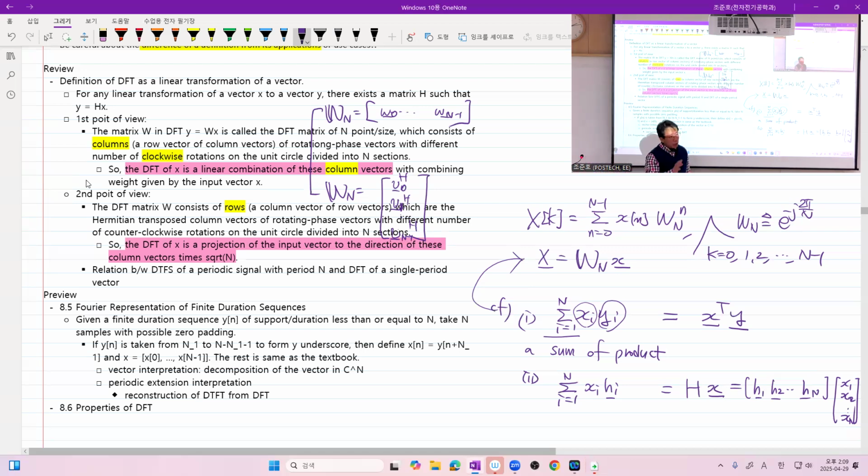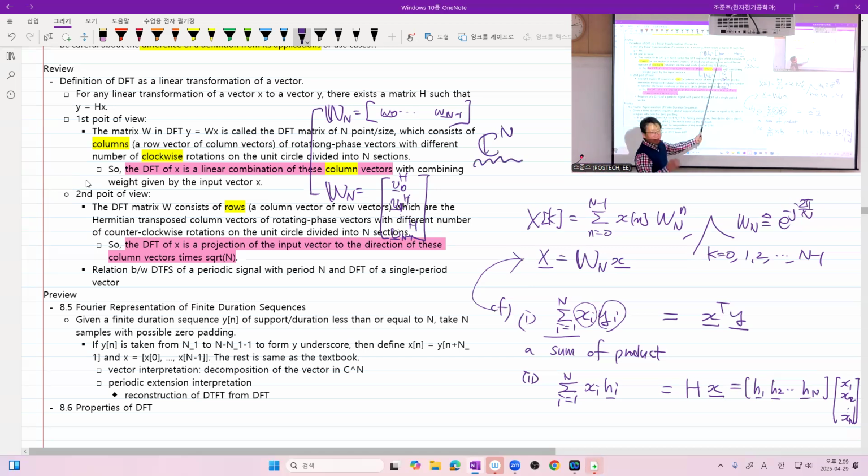So in that way, the DFT is nothing but a bunch of inner products. As you remember, these columns are a basis of the N-dimensional complex Euclidean space.